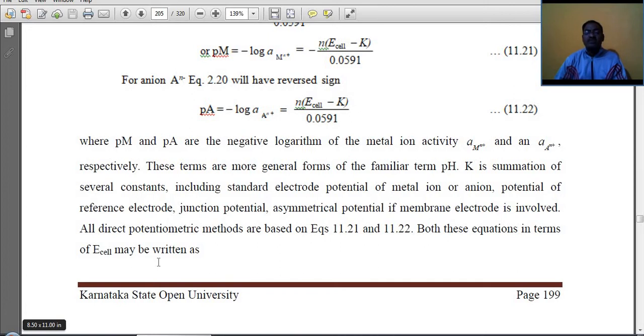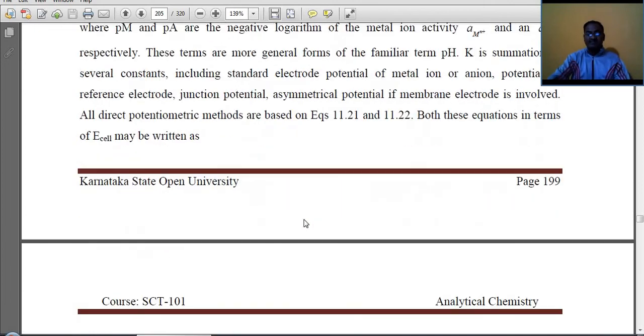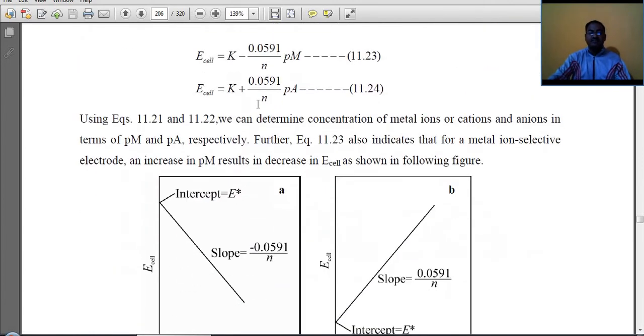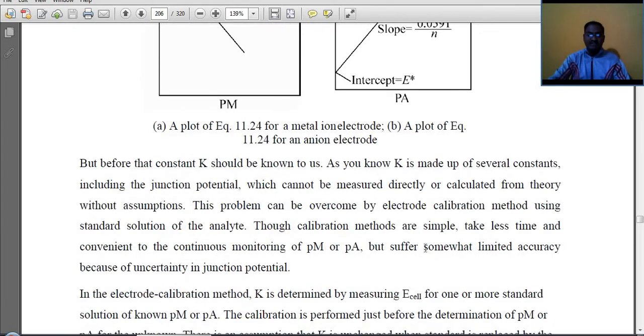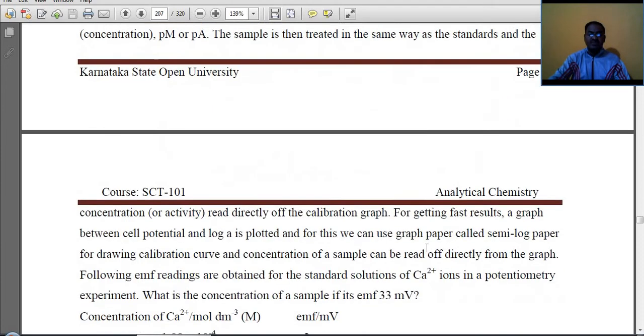All direct potentiometric methods are based on the above equation, both equations in terms of E cell. This is the graph of pM versus E cell and pA versus E cell. Okay, let's go through that.